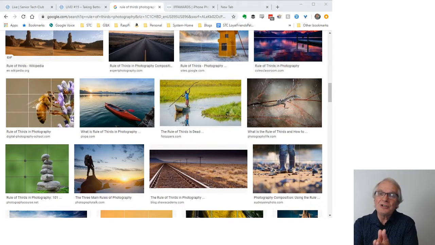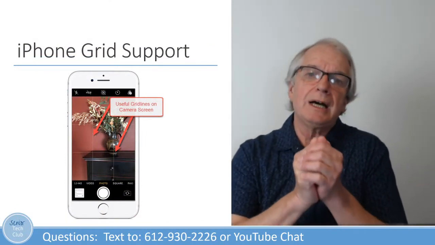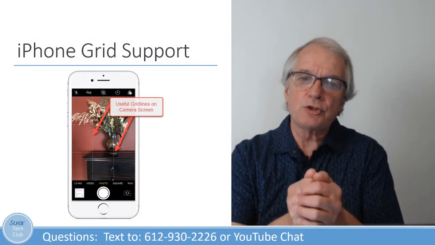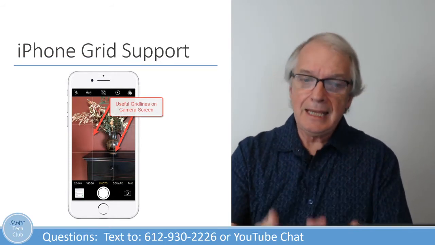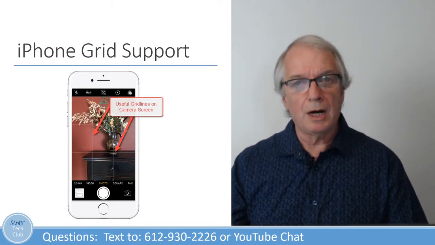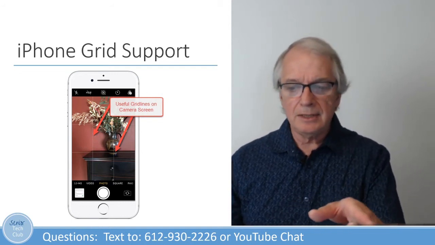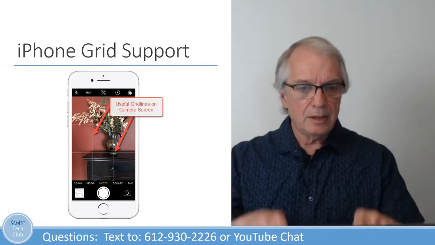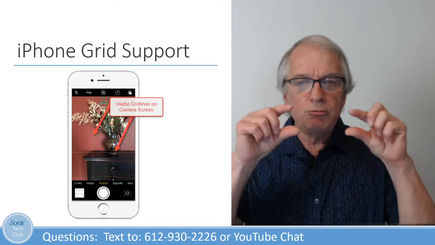It turns out that your iPhone can put a grid on the screen. Let me go back and show you this. The iPhone can put a grid on the screen as a reminder and an aid when you are taking your photographs. On the screen, the 9 boxes of the rule of thirds are displayed with lines.